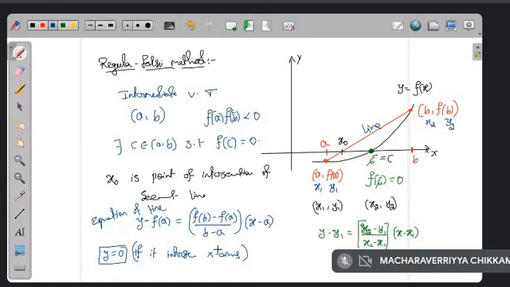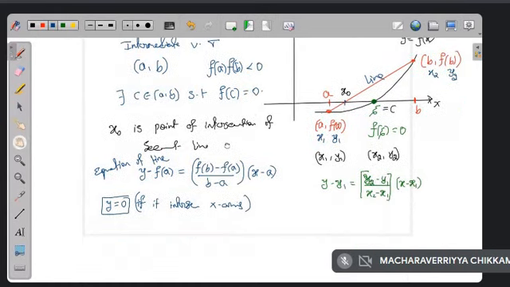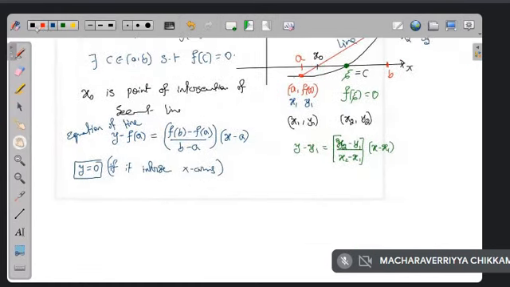So make y equal to 0 and find what x is. Substituting y equal to 0, you send this b minus a to the other side, so that minus f of a into b minus a, and on the other side this makes x minus a into f of b minus f of a.